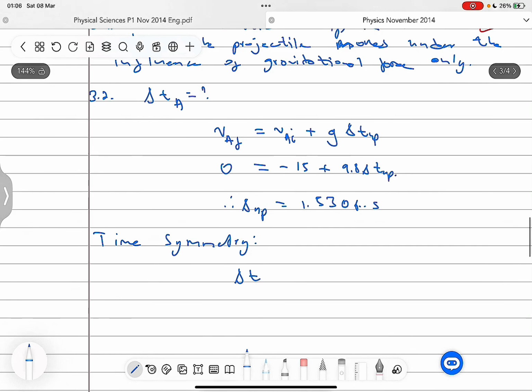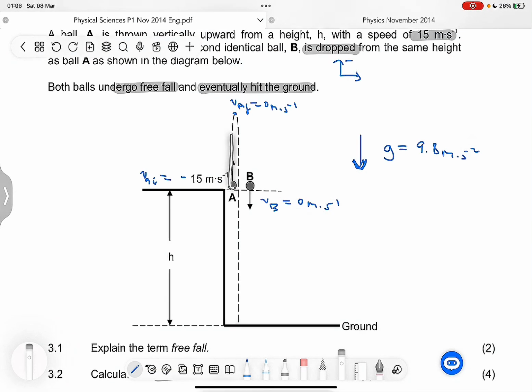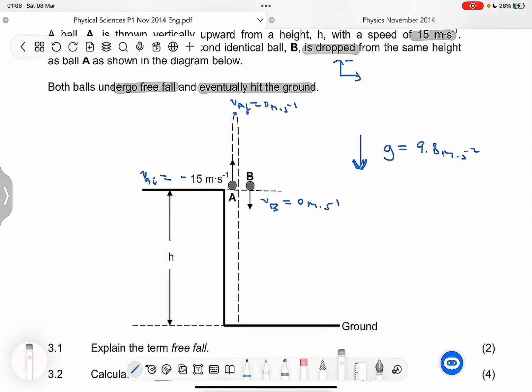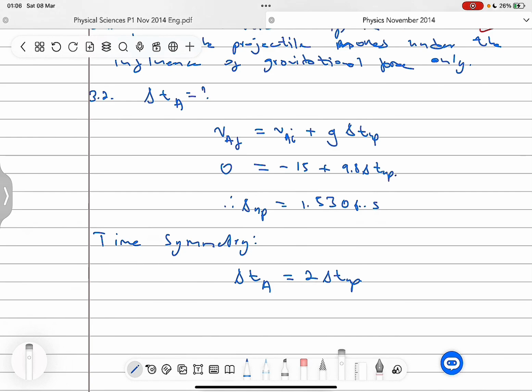That means that if I'm looking for the time t1, what I called not t1 but tA, which means the time that ball A will take to go up and come down, it will be 2 times the time it takes to go up, because the time it takes to go up is the same time it takes to go down. So if I add those 2 times, or I multiply them by 2, it will give me the time it takes to go up and down.